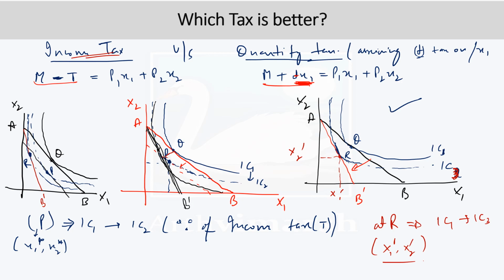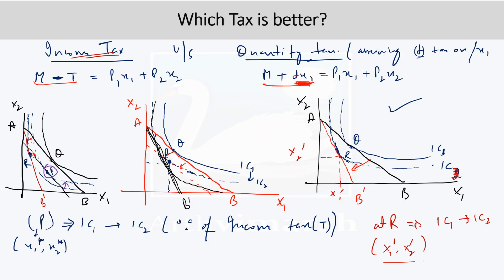Now if someone questions whether the quantity tax or the income tax affects a consumer more, or in which case the consumer is going to be better off, it's going to be under the income tax. He will be better off because he can choose a point on a higher indifference curve. If you observe here, the point P is definitely on a higher indifference curve as compared to the point R, which is on a lower indifference curve.